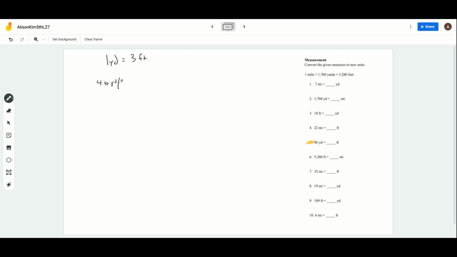So we're going to multiply by 3. 46 times 3: we bring the 8 and we bring the 1 up. 12 plus 1 is 13, I'm sorry. And when you put it together, you get 138. So 46 yards will give us 138 feet.